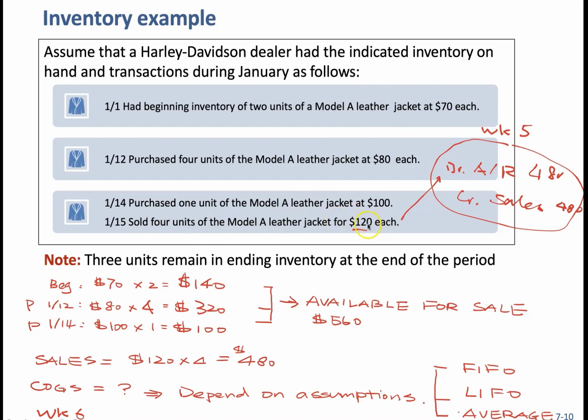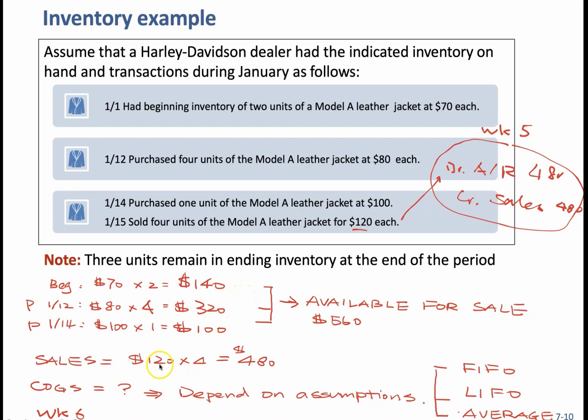So when you sold the jacket, let's assume credit sales, you would debit accounts receivable $120 each multiplied by 4 pieces, that's $480, right? You debit accounts receivable, you credit sales for $480. If you don't remember this, go back to basically chapter 6, or even earlier when we talk about revenue recognition.